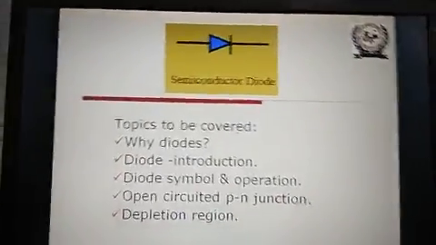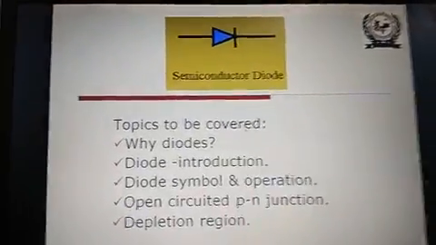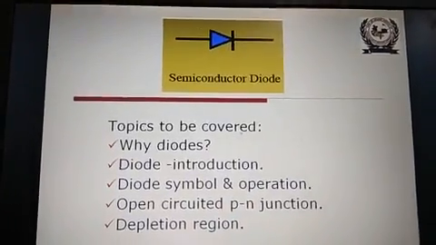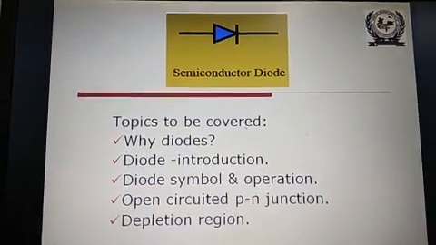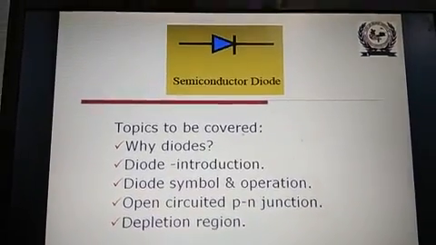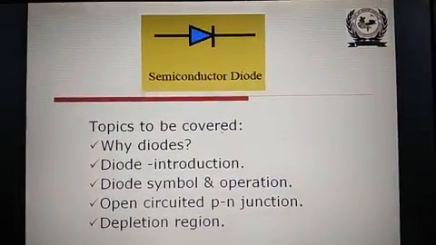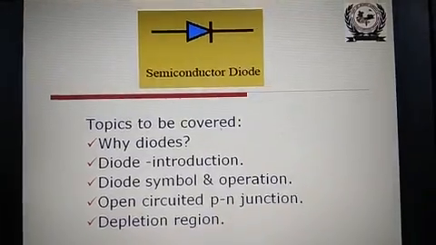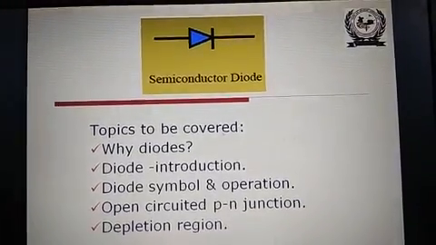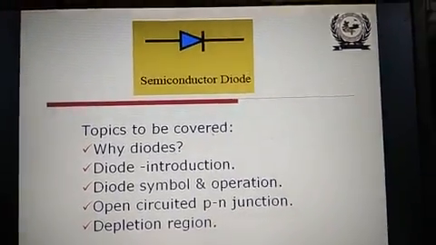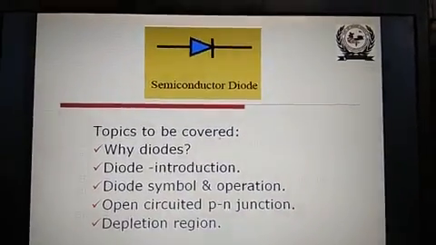Later on more topics will be covered, but these are the basics of diodes. Because the diode is the first component of electronic circuits, to understand the further topics we need to understand this basic component.